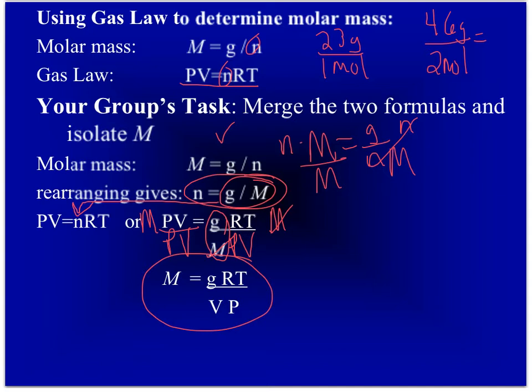Notice PV is on the bottom, and mass per unit volume, that's density. So we can look at it this way: molar mass equals density times RT divided by P. And that's the formula we're going to use in the next problem.